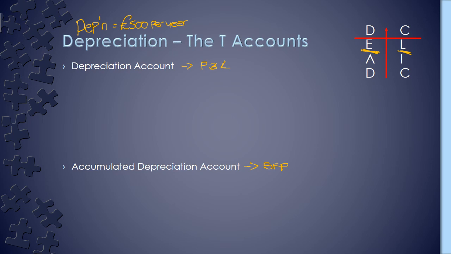That's important because your asset account for your computer, your car, your fixtures and fittings is also sitting on your statement of financial position. So you've got your cost account and your accumulated depreciation account, and you can work out the difference between the two, and that's your net book value. So you have both of those accounts on the statement of financial position. So if we draw up a quick T account, oh, that is very wonky, I apologise for that.